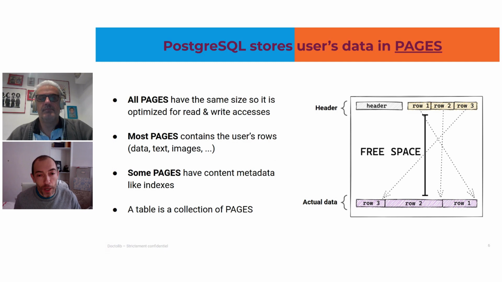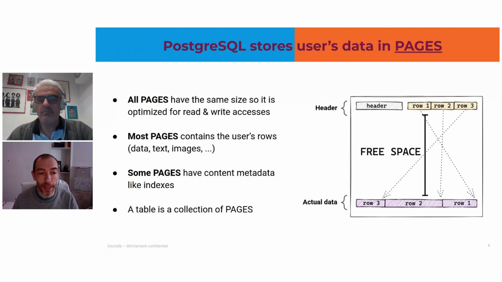All right, so what you can see here is a page. The page is always a fixed size. It has a header on top, and it's like a small book: you have the summary, and the summary points to the actual data at the bottom of the page, going backwards.